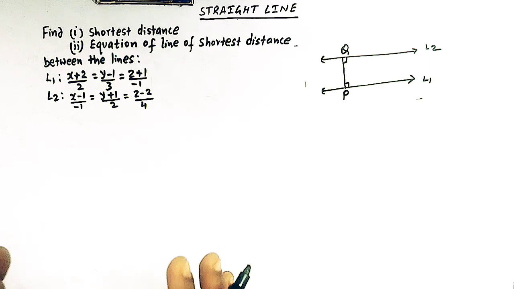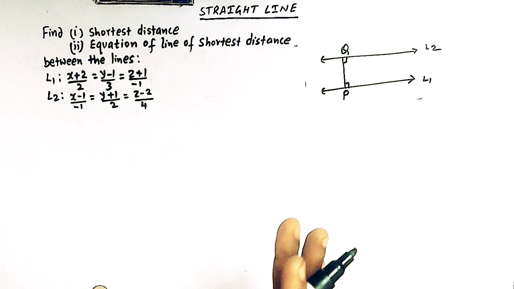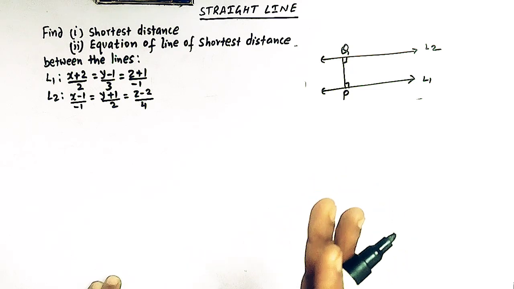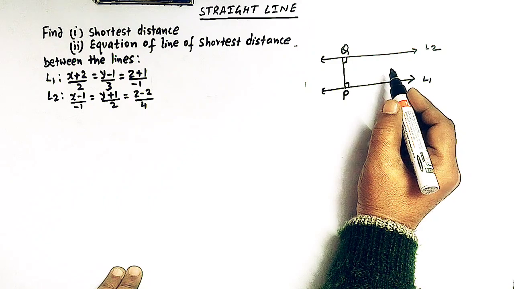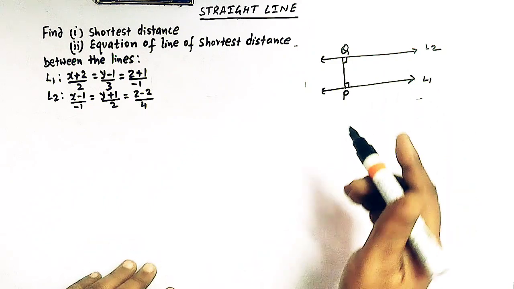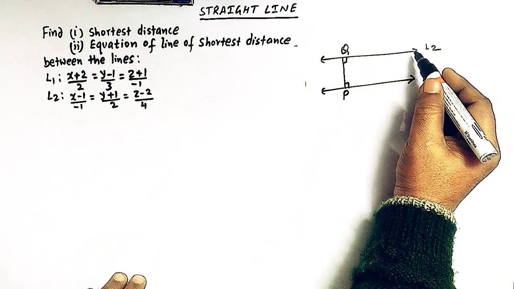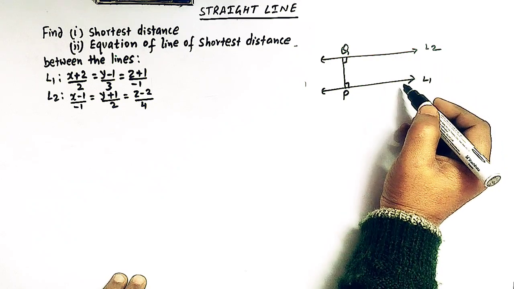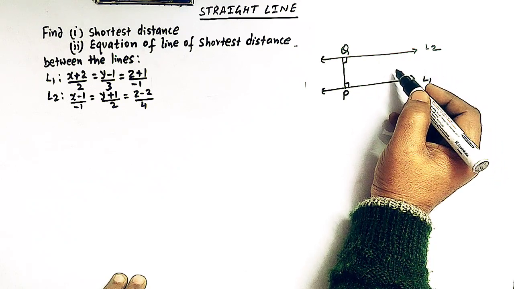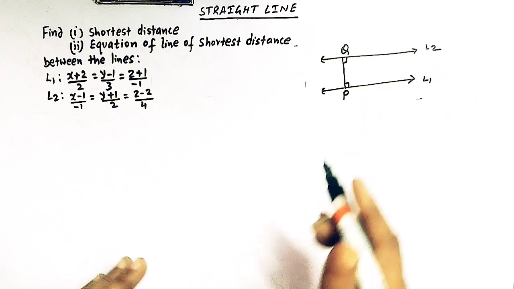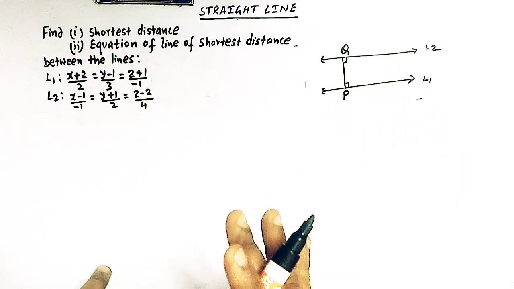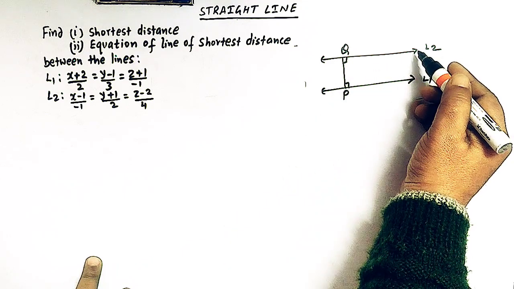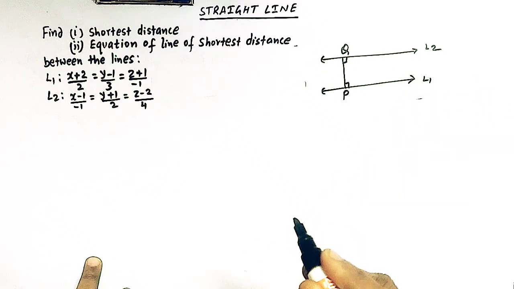So we can define skew lines as two lines that are said to be skew lines or non-intersecting lines if they do not lie in the same plane, and the straight line which is perpendicular to both of these lines, then this line segment PQ is known as the shortest distance between these two lines L1 and L2.